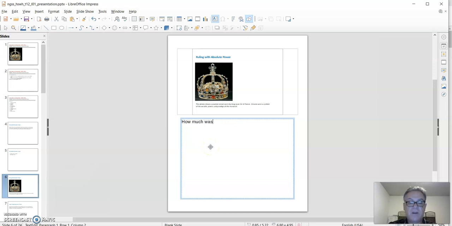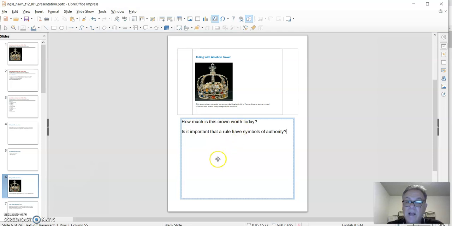How much is this crown worth today? Is it important that a ruler have symbols of authority? And you can just come up with your own questions. Sometimes it's a good strategy to ask a question.